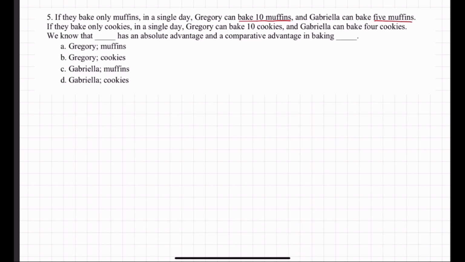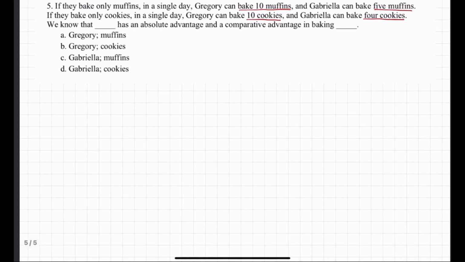If they bake only cookies in a single day, Gregory can bake 10 cookies, and Gabriel can bake 4 cookies. We want to know who has the absolute advantage and who has the comparative advantage in baking muffins or cookies.